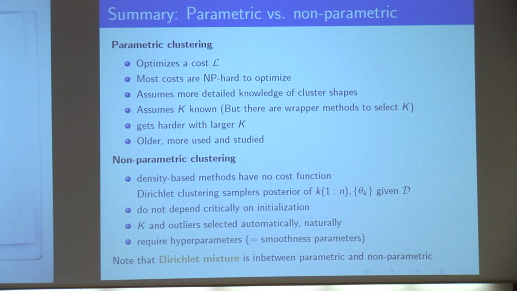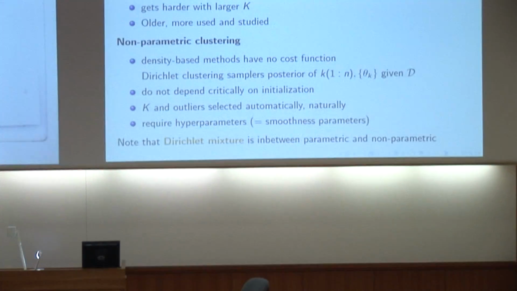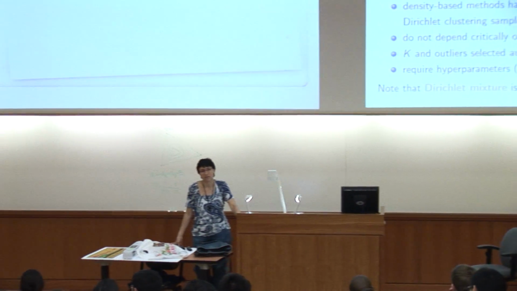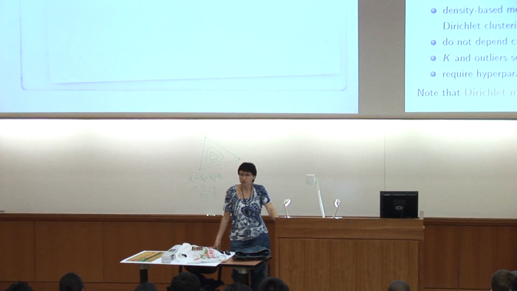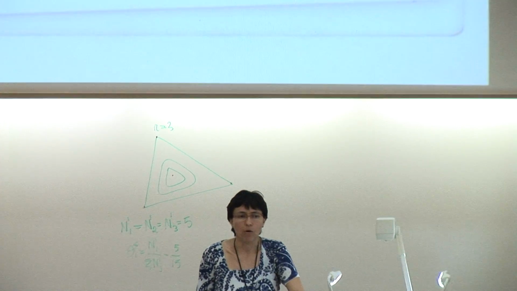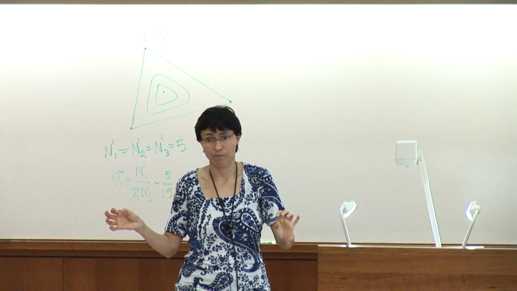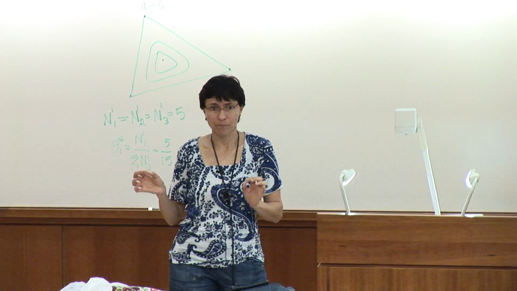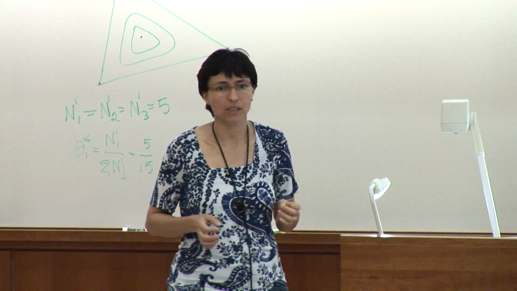Other questions? How sensitive is the Dirichlet MCMC to variations in alpha and beta? You assume, as usual, that you have lots of data. And if you have lots of data, then only the outliers will be sensitive. Only the very small clusters will be sensitive to alpha, to beta. So the question is, how sensitive is the model to the parameters?